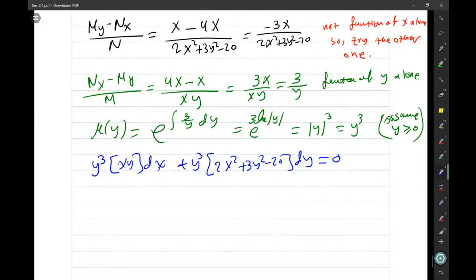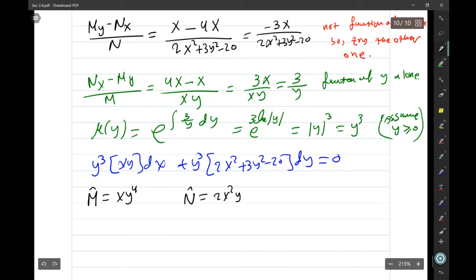Now, is your new equation exact or not? It should now be exact. M-bar becomes x times y to the power 4, and N-bar becomes 2x squared y to the power 3 plus 3y to the power 5 minus 20y to the power 3.